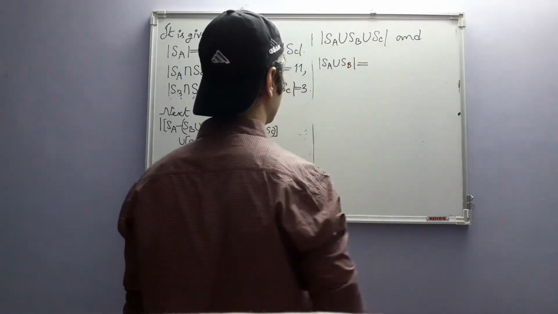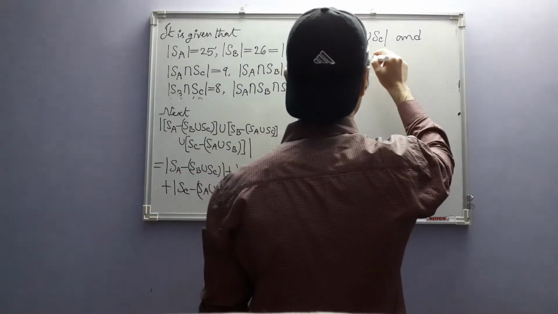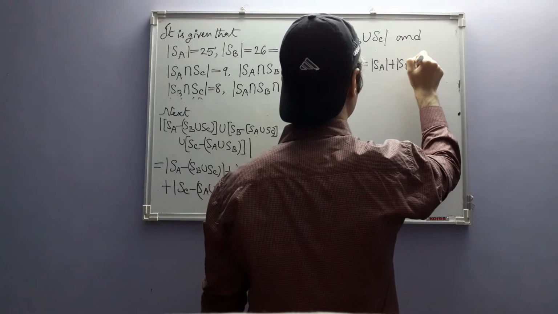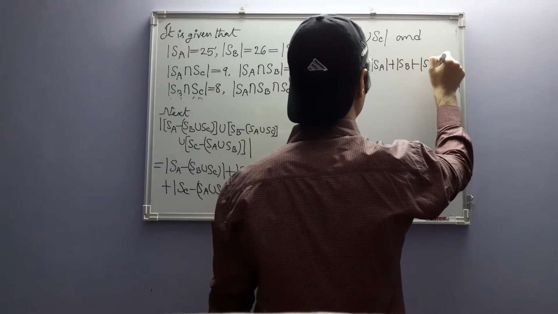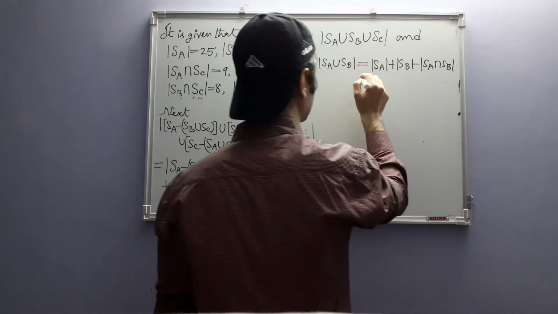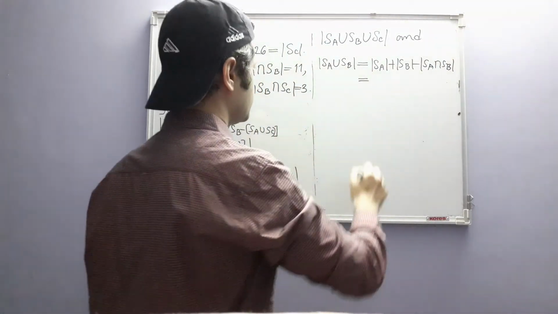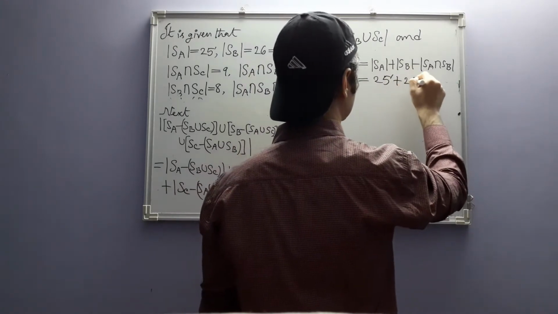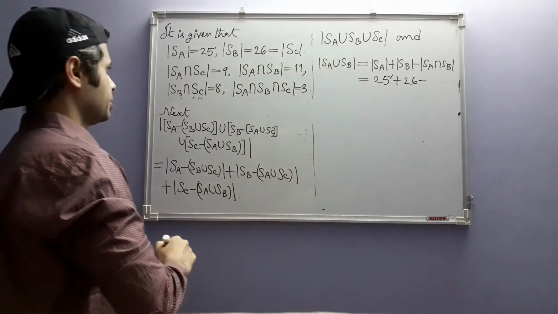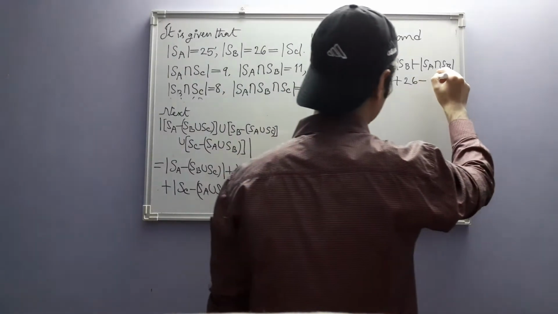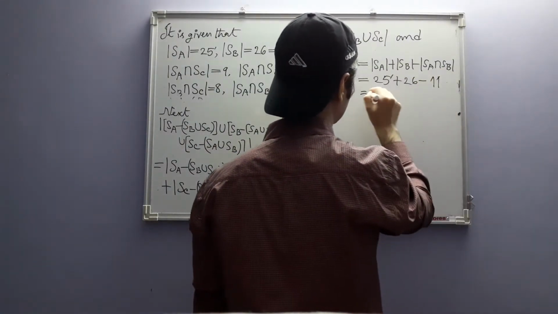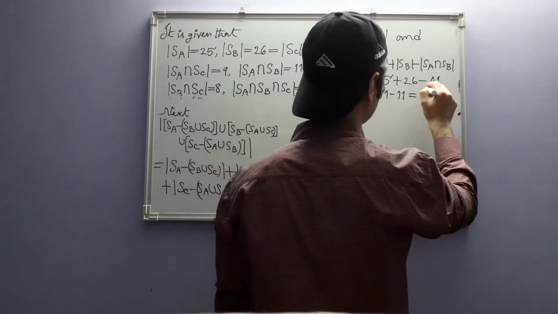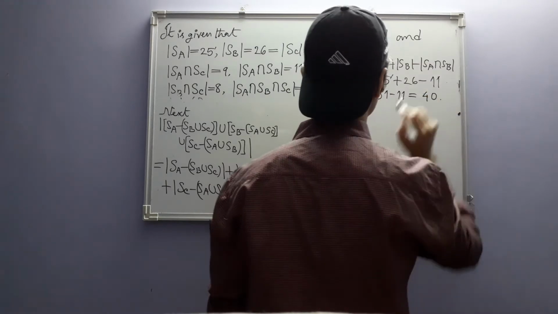This is equal to the cardinality of SA plus the cardinality of SB minus the cardinality of A intersection B. So SA is 25, SB is 26, and A intersection B is 11. So this gives me 40.